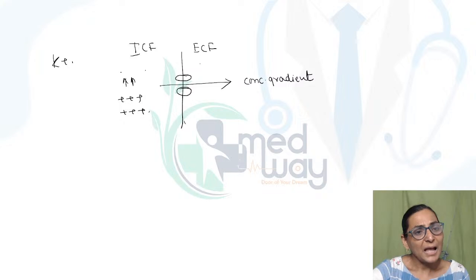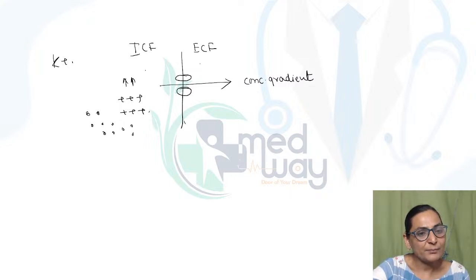Now, as the positive potassium ions move out, what happens? Inside remains negativity. Why does inside remain negative?